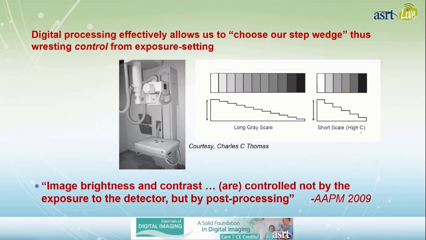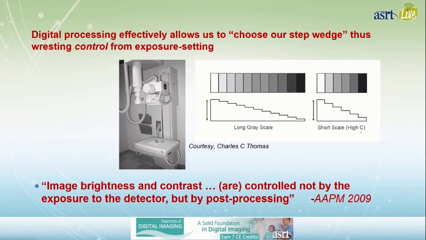Digital processing effectively allows us to choose our step weights, thus wresting control from the exposure setting. In other words, it removes the control very much so from the exposure setting and places it in the computer. Image brightness and contrast are controlled not by the exposure to the detector, but by post-processing.